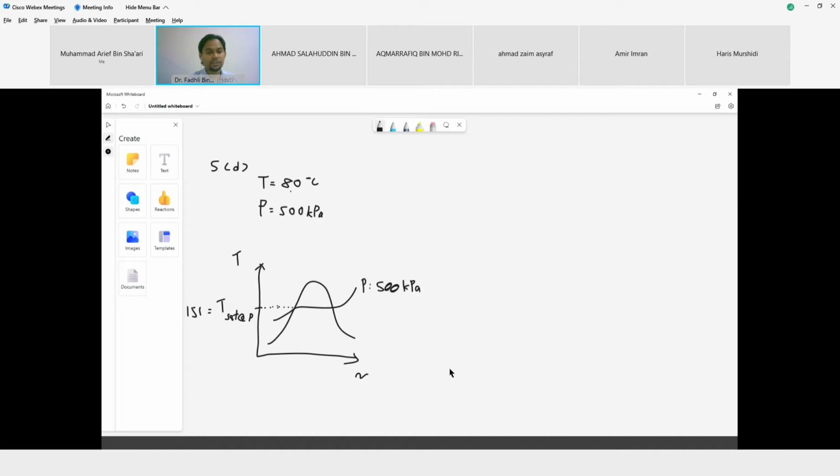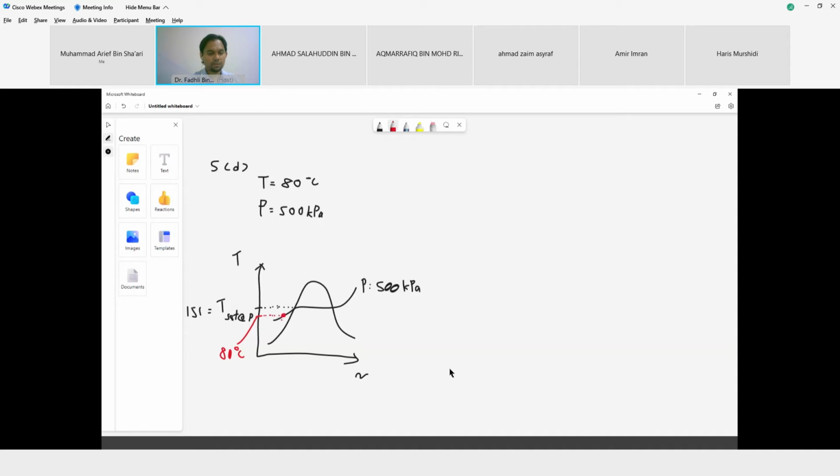The given temperature is 80 degrees C, which means the value is lower than T sat. Okay, T sat. So maksudnya 80 degrees C is somewhere here. Bawah T sat. Okay, so you can draw a line to this pressure constant line.